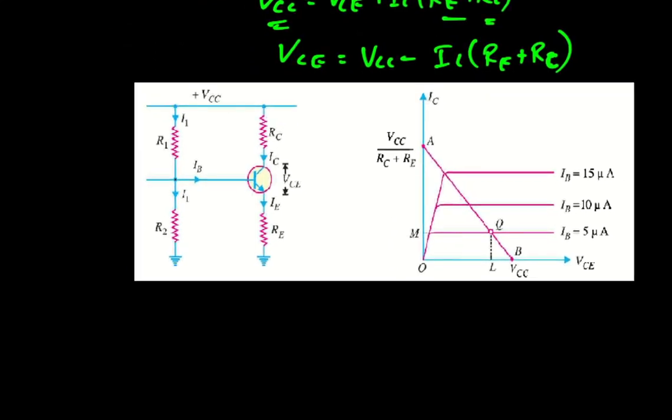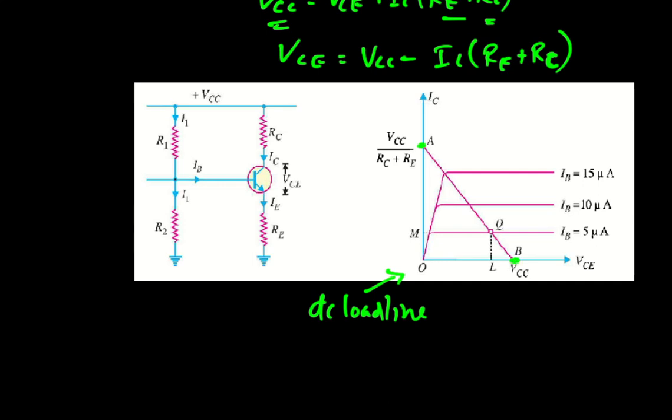This straight line is called a DC load line, and this diagram represents the DC load line of the common emitter transistor amplifier. DC load line means the variation of the DC output current with the DC output voltage, that is, the zero signal collector current and the zero signal collector emitter voltage.